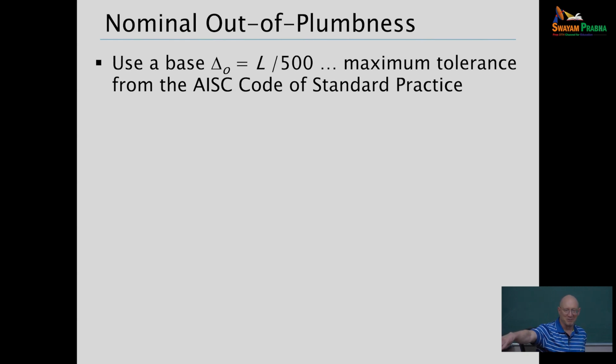So we're going to court, and you're going to have to fix this, right? The maximum tolerance on the story drift in the Code of Standard Practice is basically story height over 500. So that's what we use as our basis. So 1 over 500 is 0.002. Whereas your base with a gravity-only load combination in the Indian standard is 0.005.